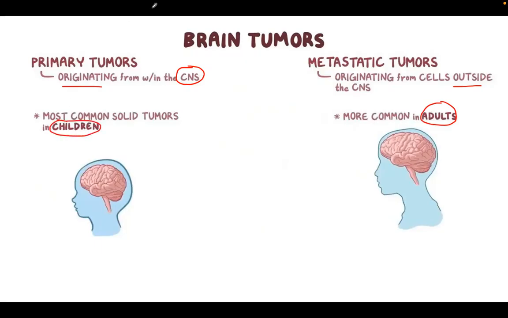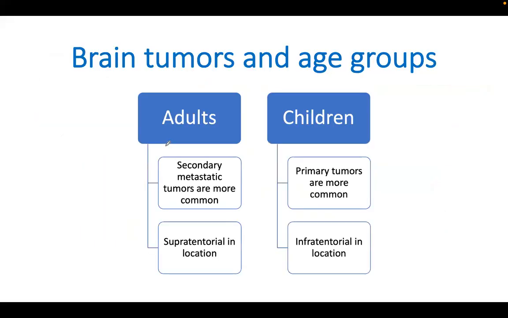I will expound in a while on the significance of this epidemiology and prevalence, because there are certain tumors which will most likely be encountered in an adult, and certain tumors which will most likely be encountered in a child or the pediatric age group.